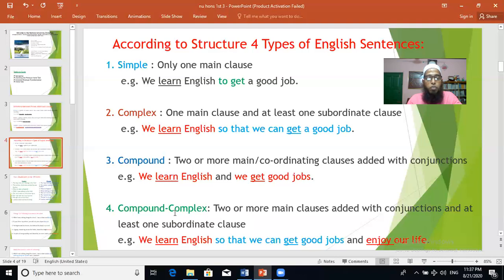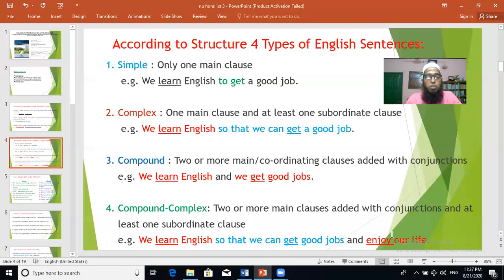So this is actually a mixture of compound and complex. That's why in some grammar books it is written as compound complex sentence. Example is here: we learn English so that we can get good jobs and enjoy our life. Have you got it? I think you can easily understand.